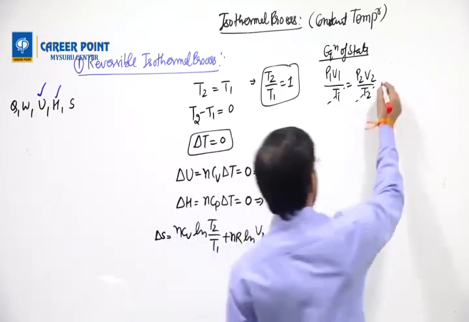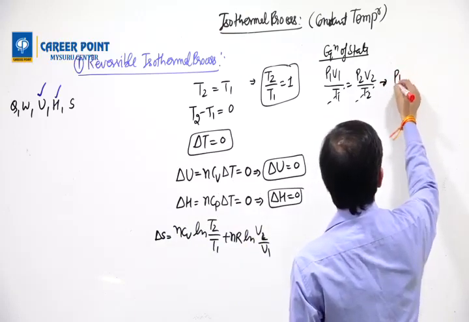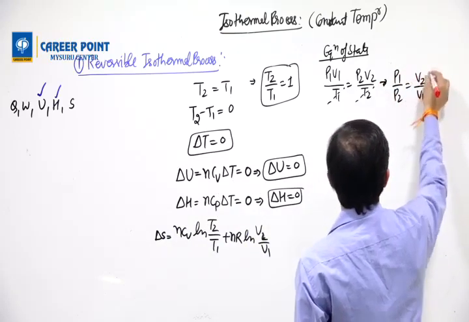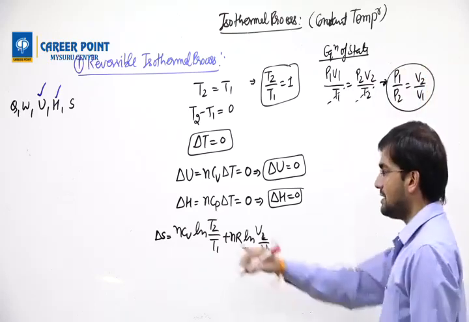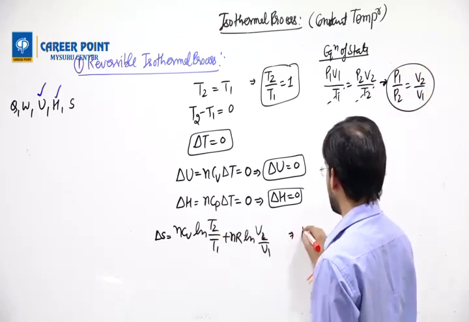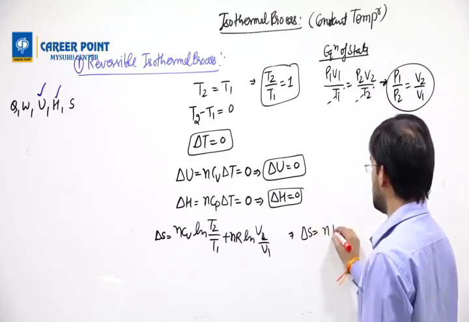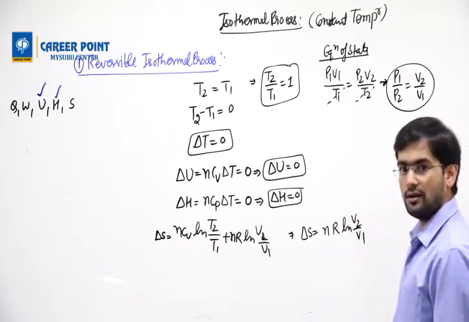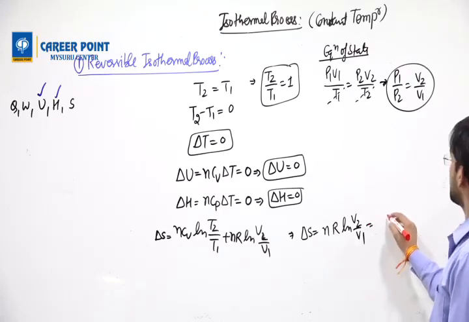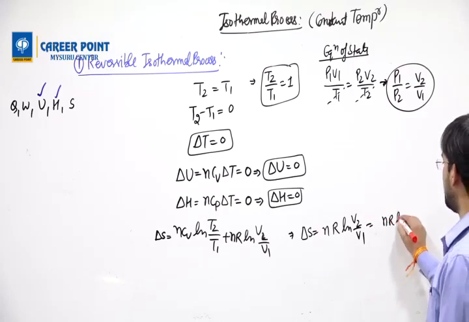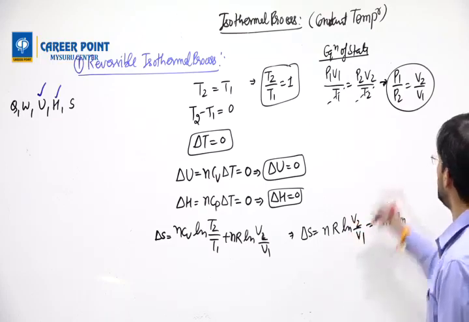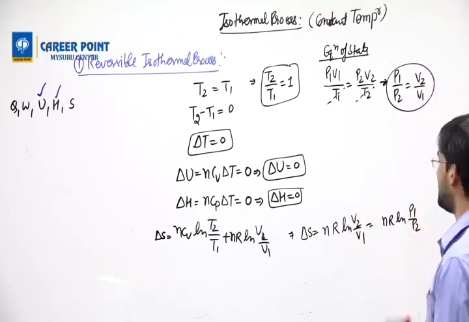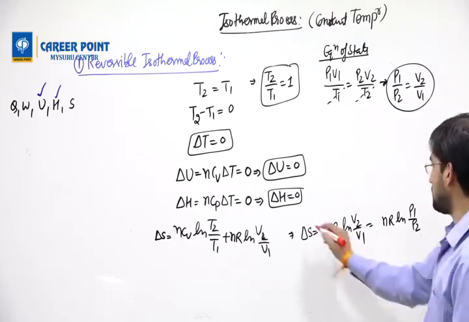So what you have is P1 by P2 equals V2 by V1. It means delta S is equal to nR ln V2 by V1, or nR ln P1 by P2. Okay, this is one formula.